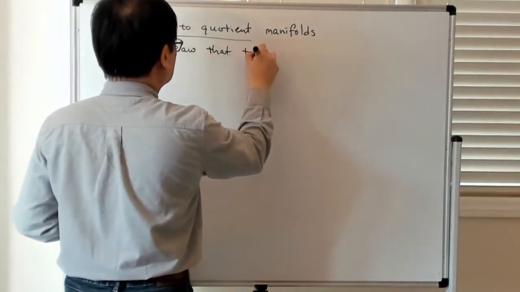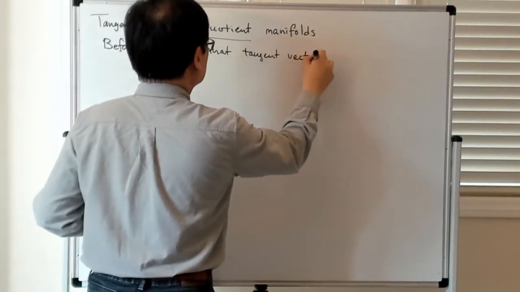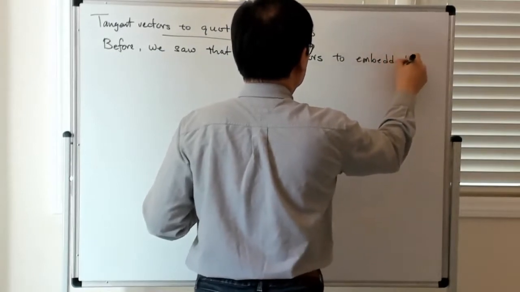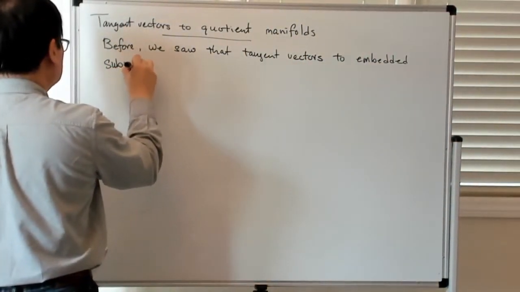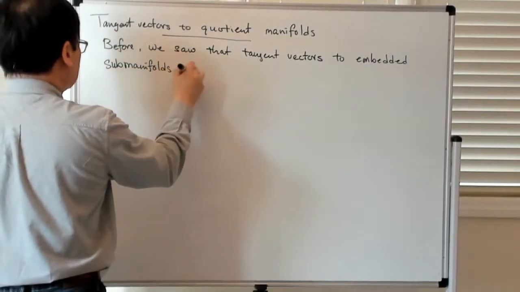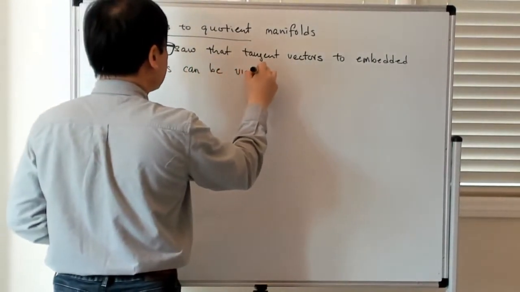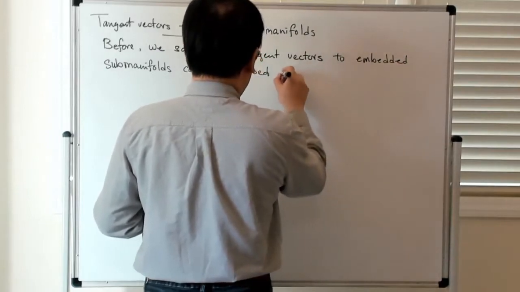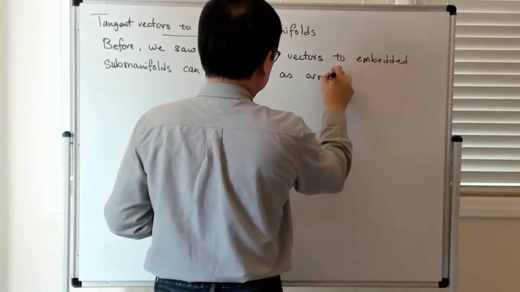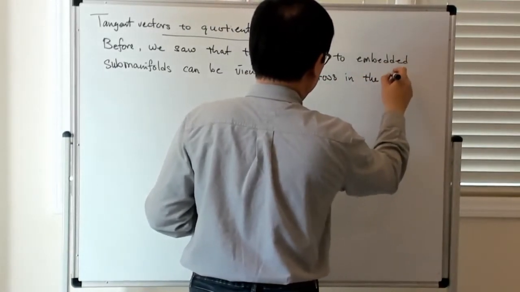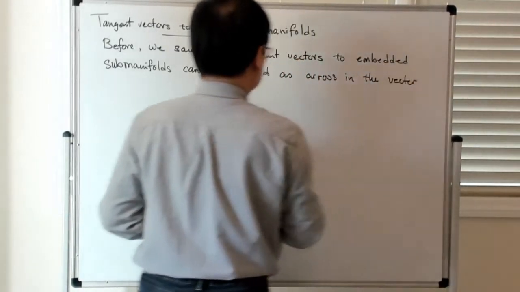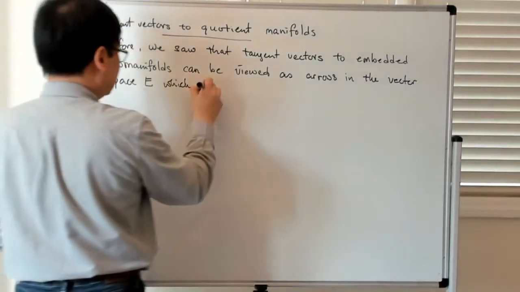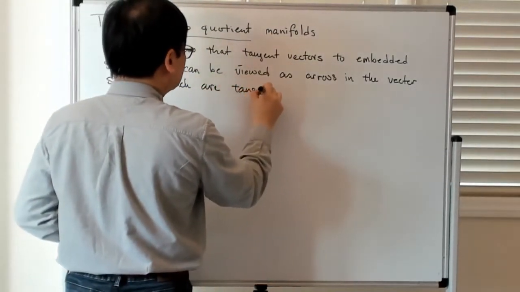So before we saw that tangent vectors to embedded submanifolds can be viewed as sort of arrows in the sort of vector space which you embed in, which are just tangent in the usual sense to the submanifold.